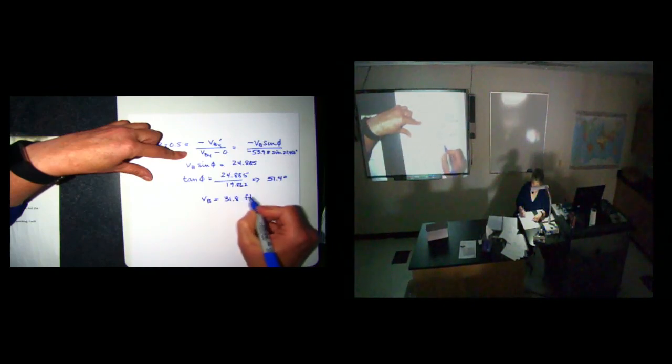We want to end up finding the final velocities. Okay? So let's look at B.